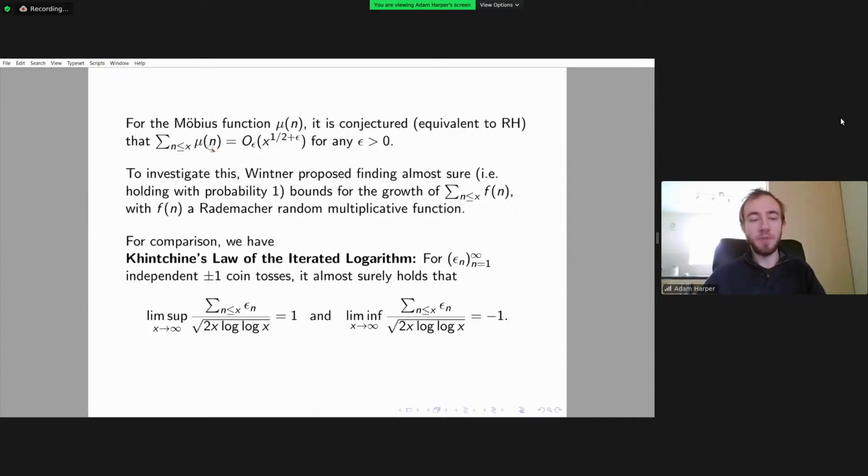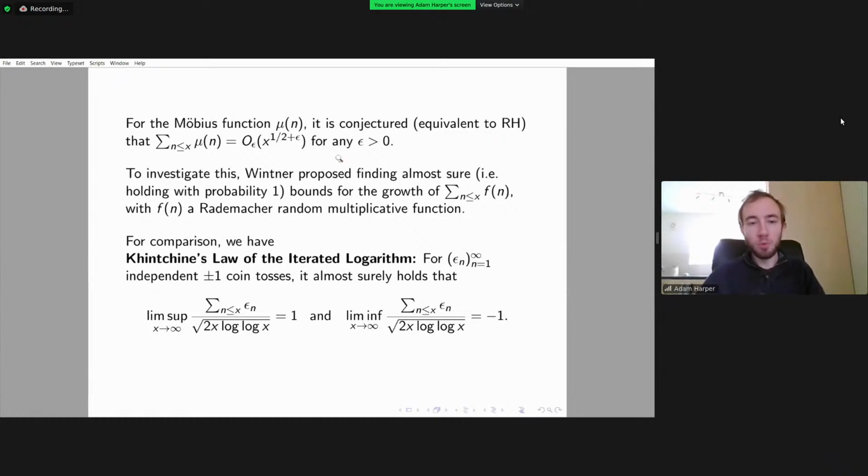But it's conjectured that this should be much smaller than that. There should be a lot of cancellation between the plus and minus 1 signs. So it's conjectured that this sum should be of size big O of x to the half plus epsilon for any fixed positive epsilon. And the truth of this conjecture is equivalent to the Riemann hypothesis. So proving good bounds for partial sums of mu is very interesting and presumably also very difficult because of this connection.